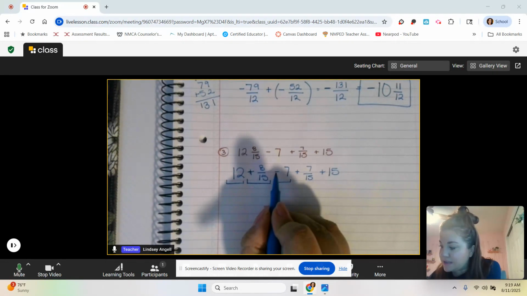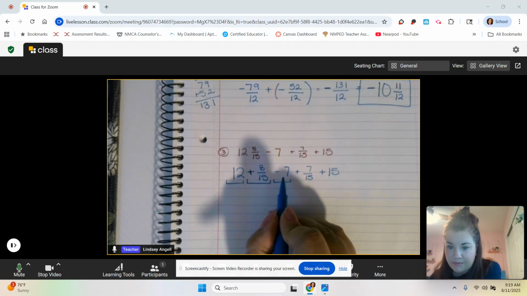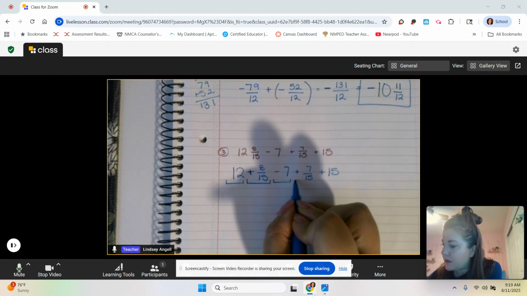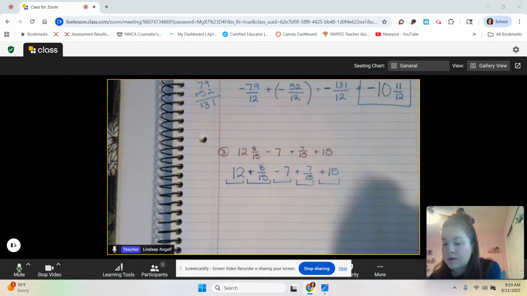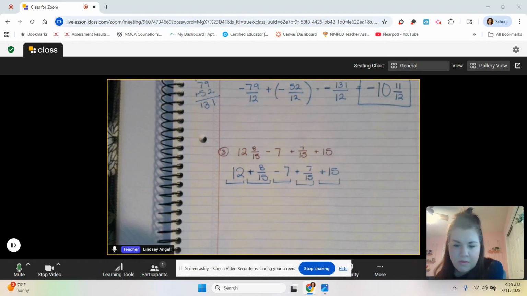The negative symbol, or the subtraction symbol, has to travel with the 7. Then I have a positive 7/15 and a positive 15. I'm going to move these around because of that commutative property of addition, to where it's easier for me to solve.